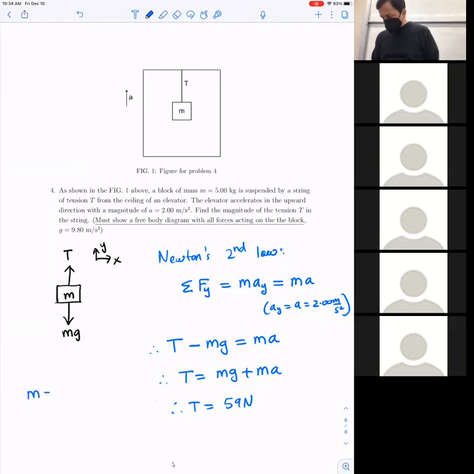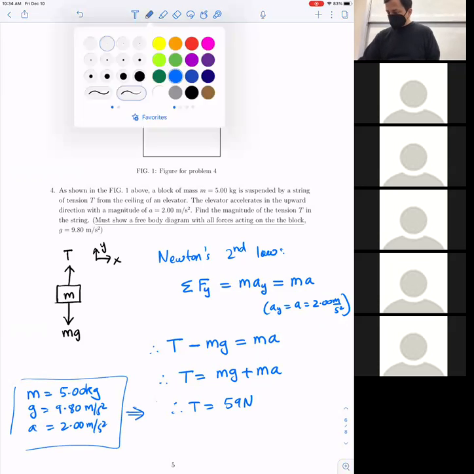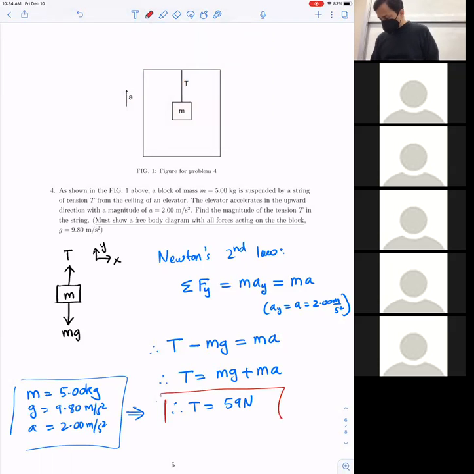Here m was 5 kilograms, g is again 9.8, and a is 2 meters per second squared. So all of this goes in there to give you your final answer.